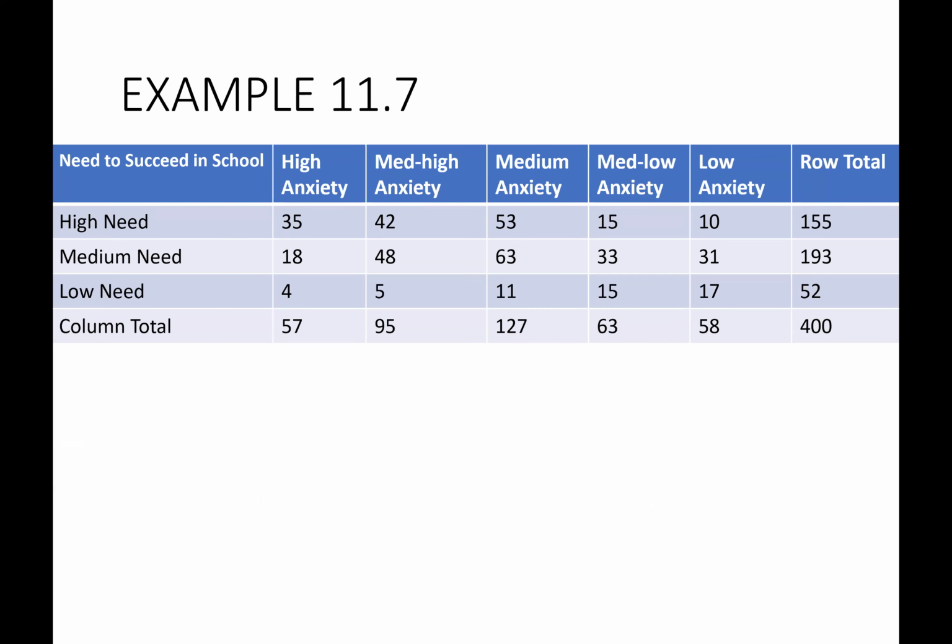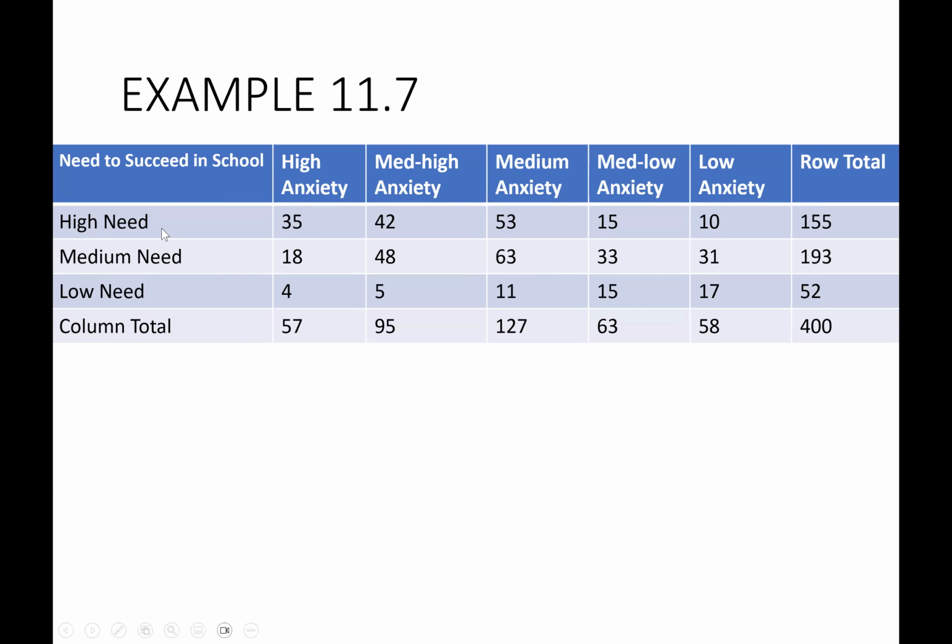Okay, I'm going to leave this example to you. It takes quite a bit of work to put it in your calculator. But they gave you the row totals and the column totals, which is very, very nice. So you're going to put this data, this table, in a matrix.